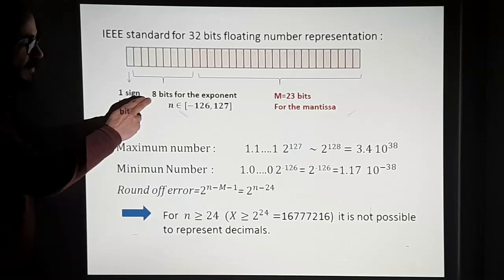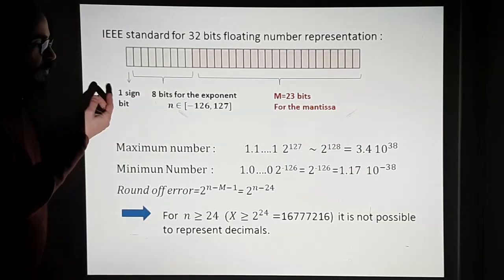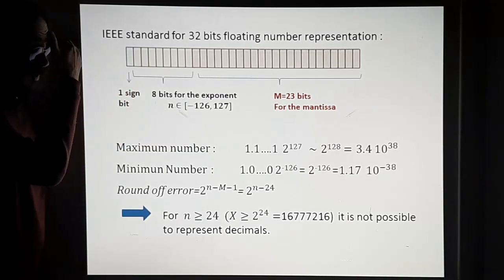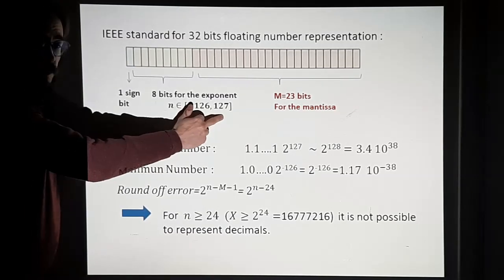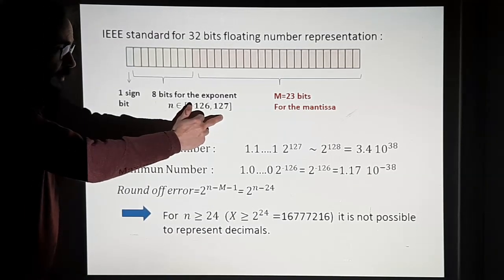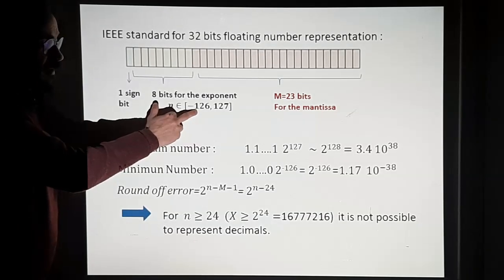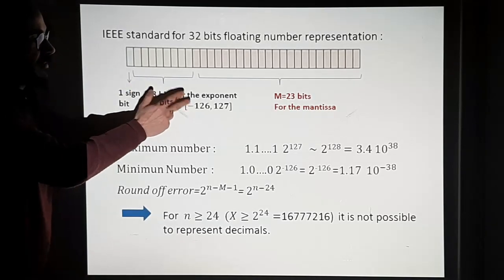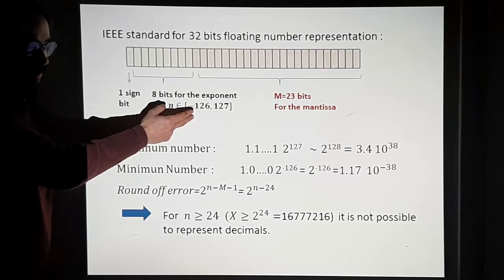In the previous representation that we saw, we also had 8 bits for the exponent, and the minimum value for the exponent was minus 127. The maximum value was 127. Now in this case, the minimum value is minus 126. Why? The difference comes from the fact that they use another representation for the exponent.